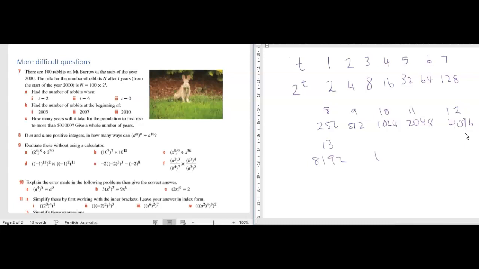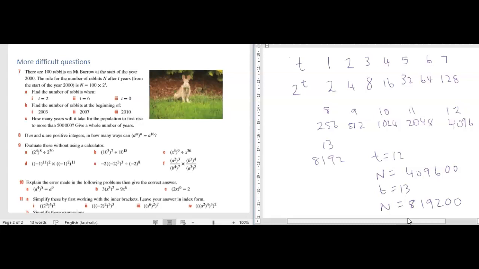So when t equals 12, n is going to be equal to 4,096 times 100. So just add another 2 zeros on. But when t equals 13, n is going to be 819,200.